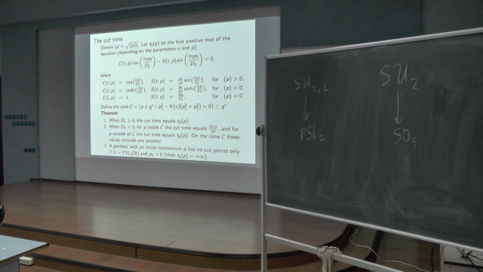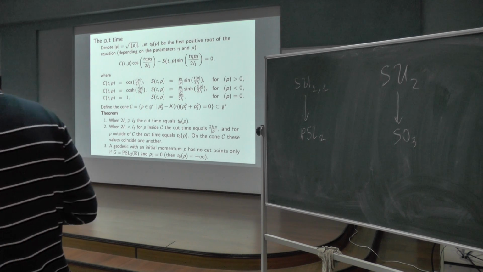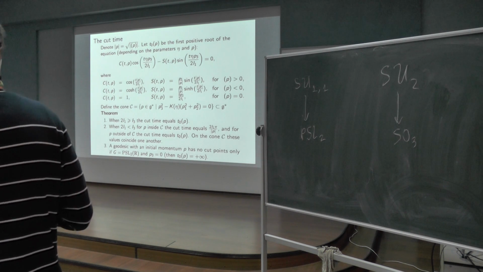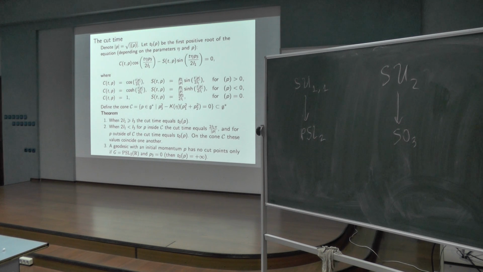There is a cone in the coalgebra, and if the initial momentum of geodesics lies inside the cone, the cut time is a simple fraction. And if the initial momentum is outside the cone, the cut time is the first positive root of that equation.